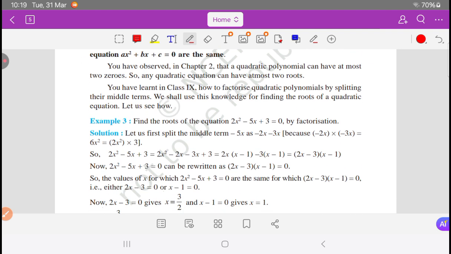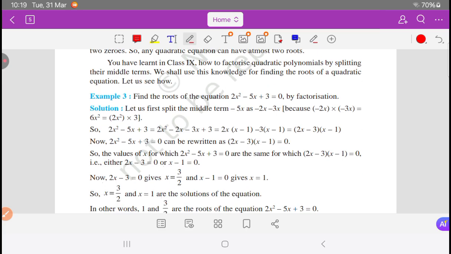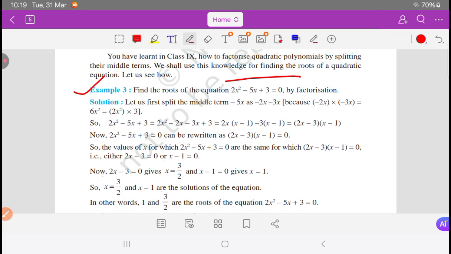Now by the factorization method, let us solve for the roots of the equation 2x square minus 5x plus 3 equal to 0. So let us split the middle term 5x. Minus 5x can be written as minus 2x minus 3x.